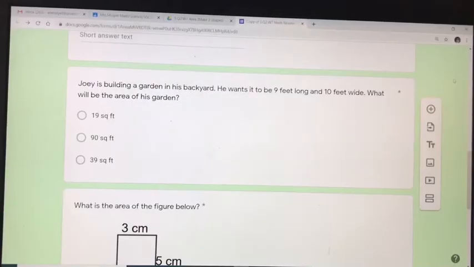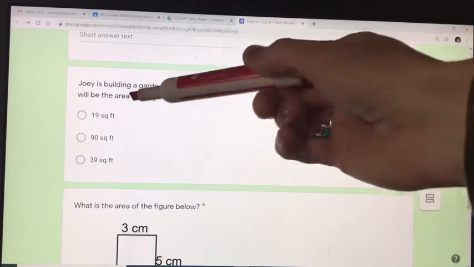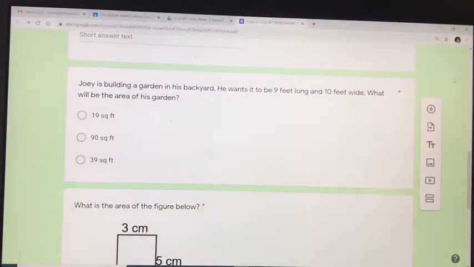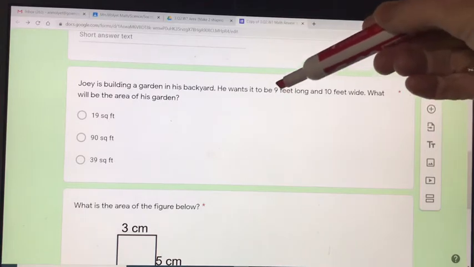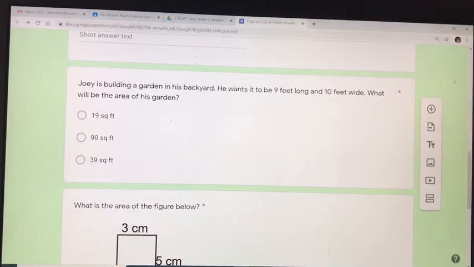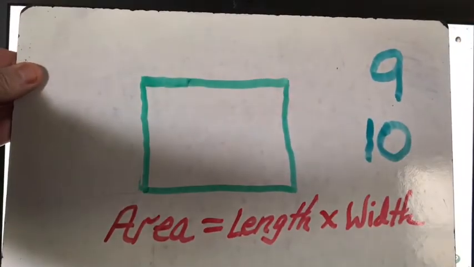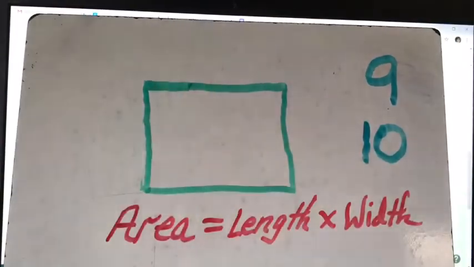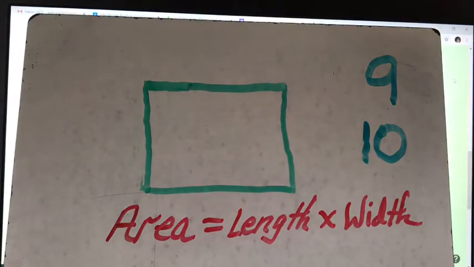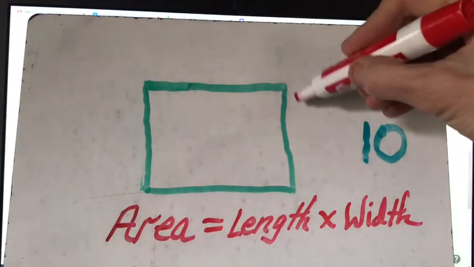The third problem says Joey is building a garden in his backyard. He wants it to be 9 feet long and 10 feet wide. What will be the area of his garden? All right, so we have the key word there, area, and then I need to use my numbers 9 and 10. What I'll think about there is area means length times width, and they said 9 feet long and 10 feet wide.